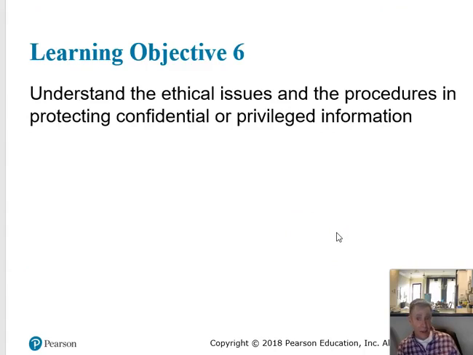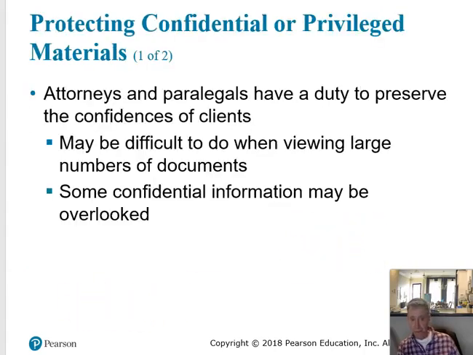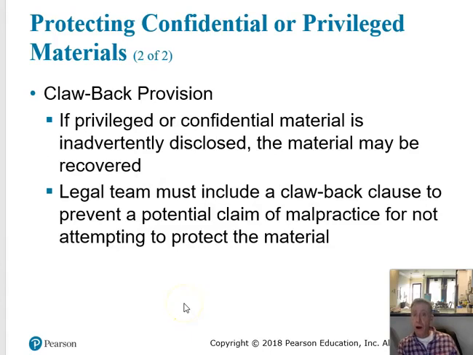Understand the ethical issues and the procedures for protecting confidential or privileged information. Remember, attorneys and paralegals have a duty to preserve the confidences of clients, so anything that they gave them that was confidential should stay confidential. But it can be difficult when large numbers of documents are being handed over, and some confidential information may be overlooked. So there are often things called clawback provisions.